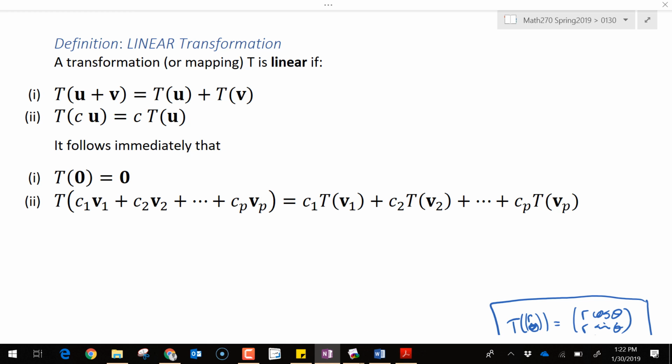A linear transformation satisfies two things, and one of them is called, what's it called? It wouldn't have anything to do with the domain or range. It's called addition. What's the technical term? Additive property.